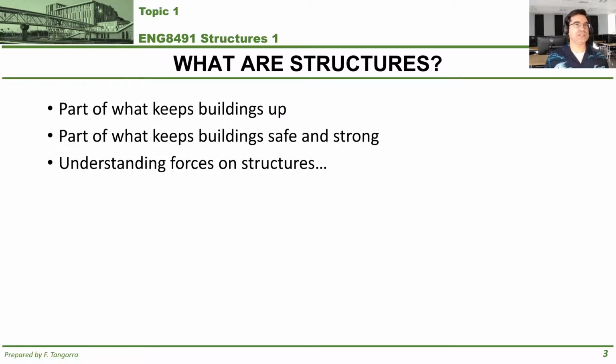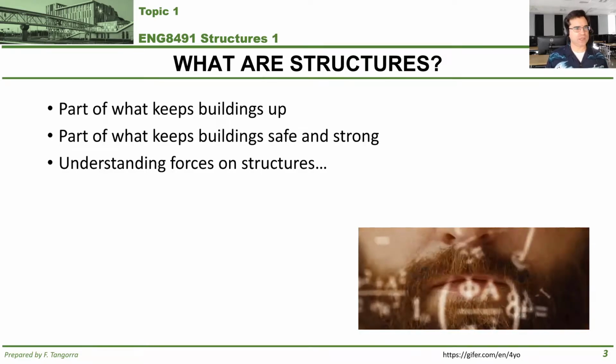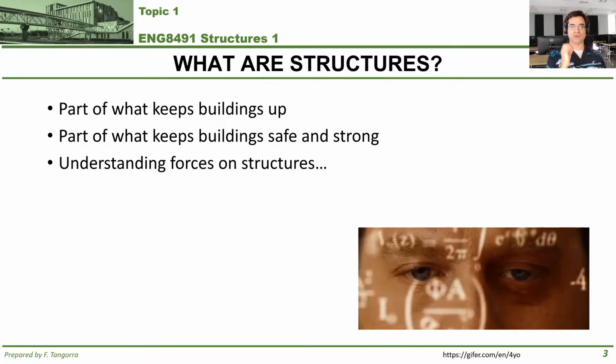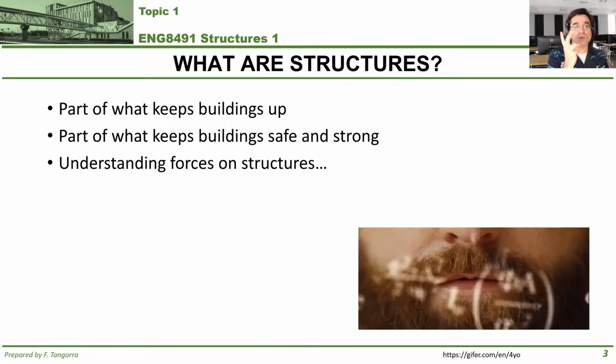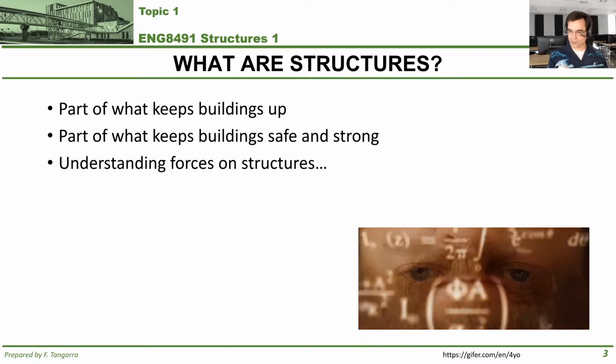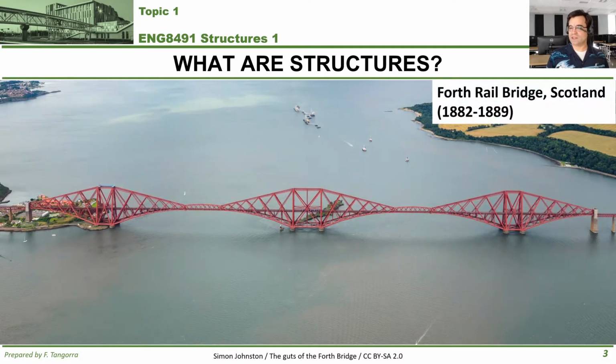Now, understanding how forces go through the structure of a building can be fairly complex and sometimes complicated. But I submit that understanding how the structure behaves doesn't necessarily have to be complicated. Okay? I'll give you an example. Let's look at this bridge. This is the Forth Rail Bridge in Scotland.